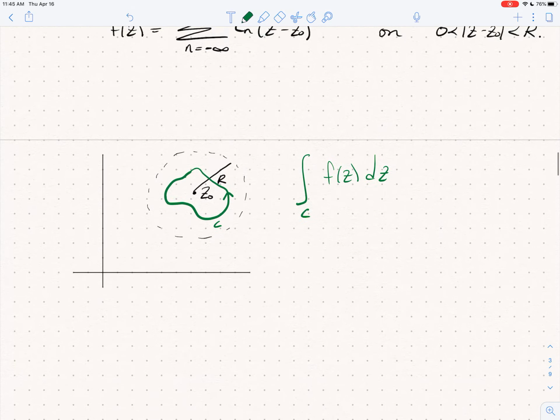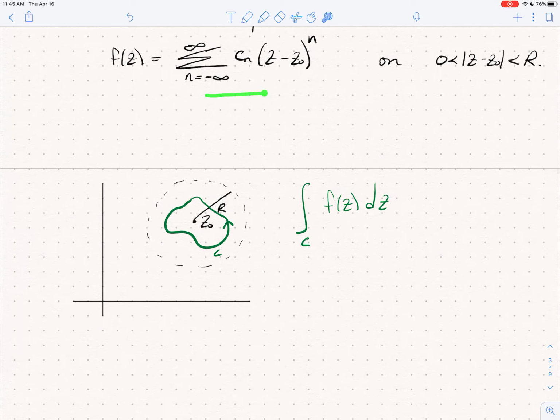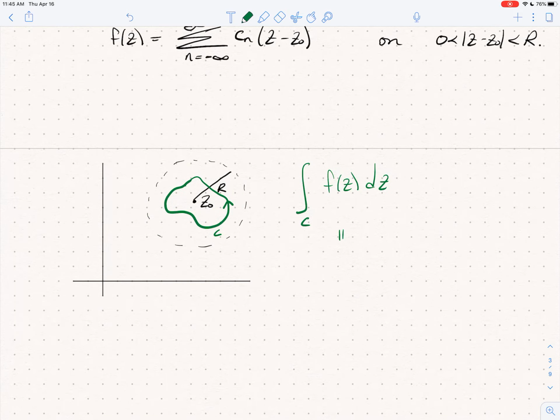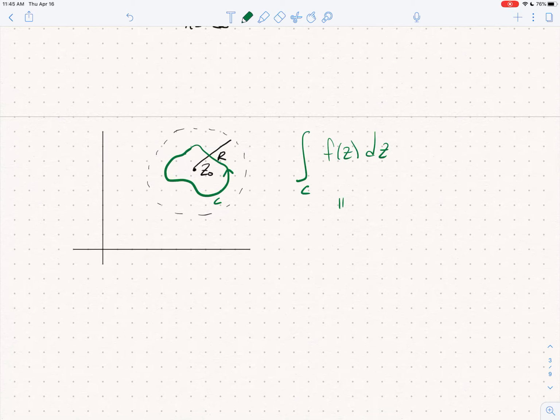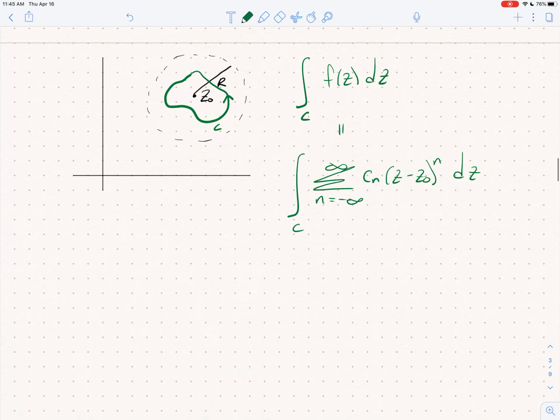And if you recall, we said that you can integrate Laurent series term by term. First off, C lives inside this disk, so I can use my Laurent series representation and say the integral over C of f(z) dz is the same as the integral over C of the Laurent series, the sum from n equals minus infinity to infinity of c_n (z - z₀)^n dz.